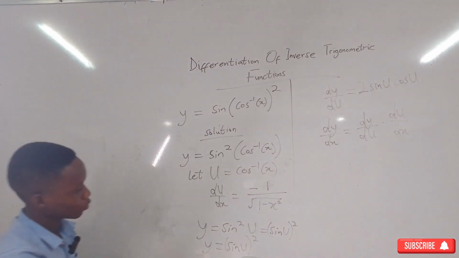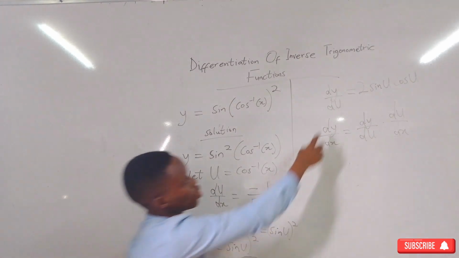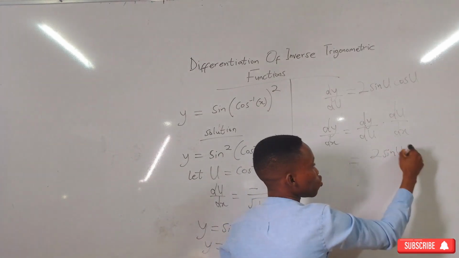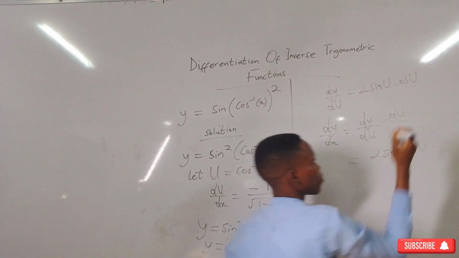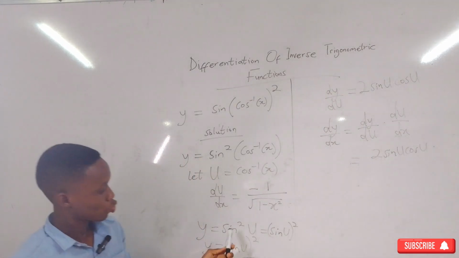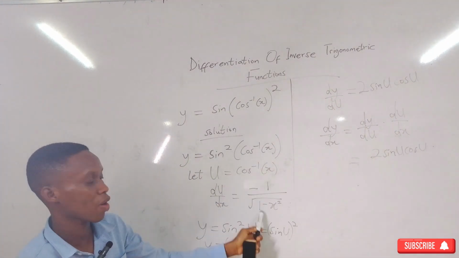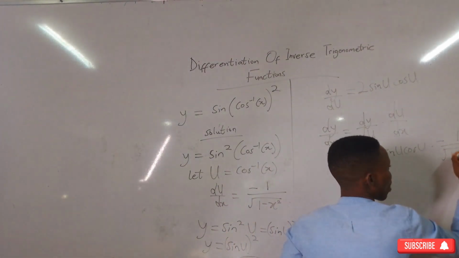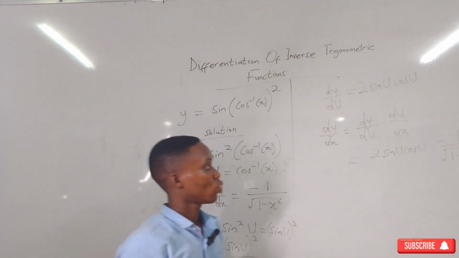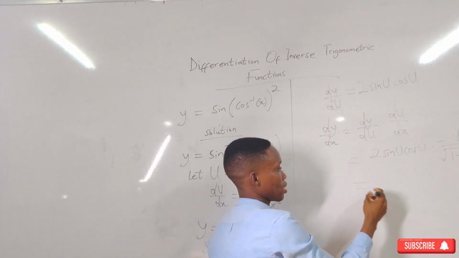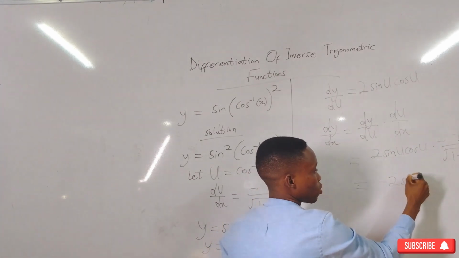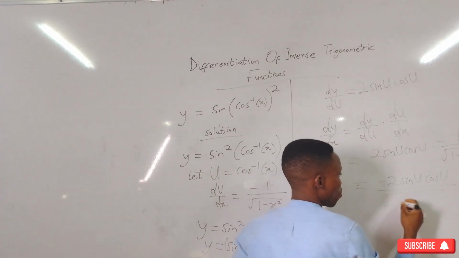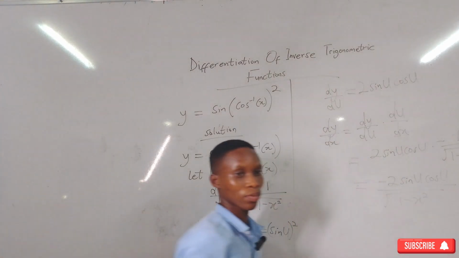We have dy/du here, which is 2 sine u cos u, multiplied by du/dx, which we have to be minus 1 over the square root of 1 minus x squared. We can rewrite this as minus 2 sine u cos u all divided by the square root of 1 minus x squared. Okay.